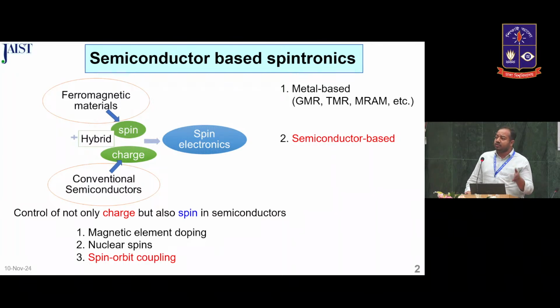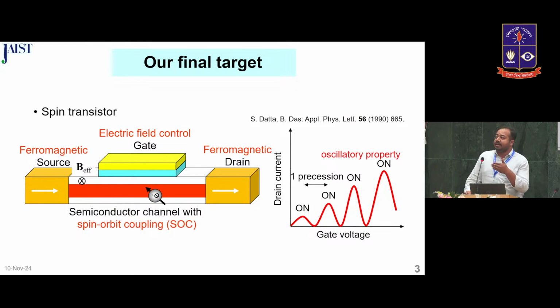Here the ferromagnetic source and ferromagnetic drain, as well as the semiconductor channel where spin orbit coupling must be embedded, and here the gate materials. And the final output will be an automatically on and automatically off state, which helps to save device power consumption. So this is the main target.